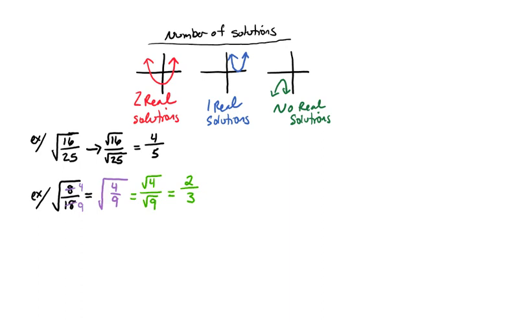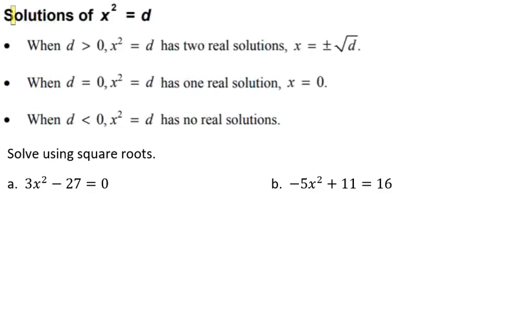are no real solutions. Also recall that when we are simplifying radicals, we can split apart quotients and simplify from there. So let's talk about solutions of x squared equals d. When d is positive, that's what that means.